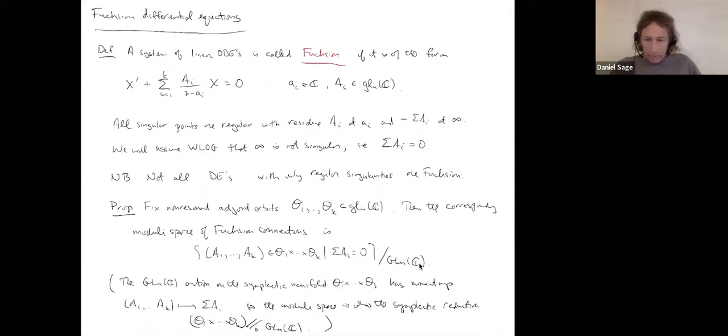You mod out not by GL_N C, but by whatever group for your G connections you're looking at. So writing down the moduli space of Fuchsian G connections is no harder. Well, you have to worry about this non-resonant business, but let's punt on that for the time being.